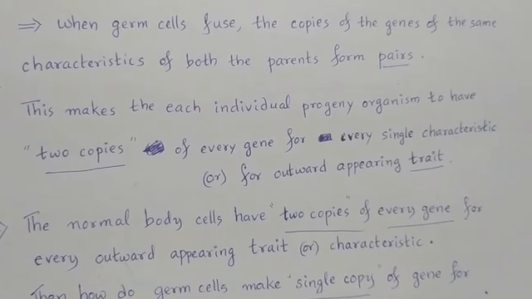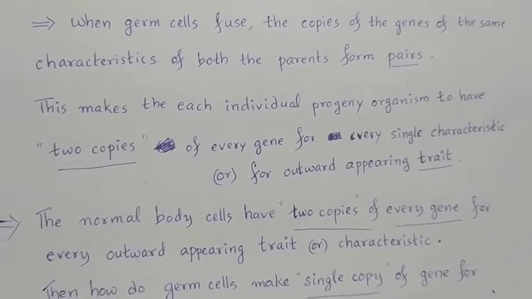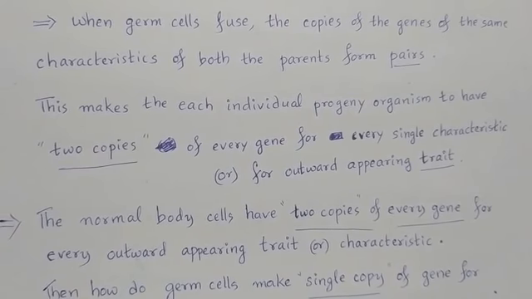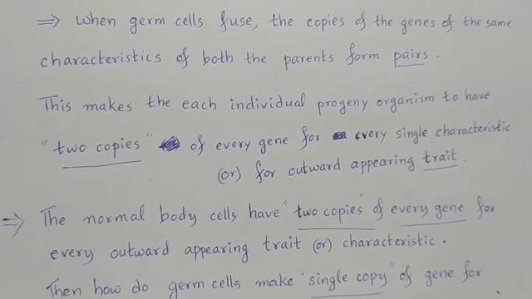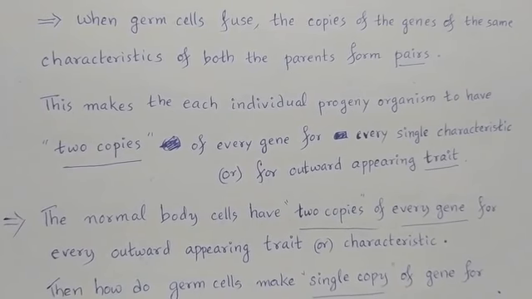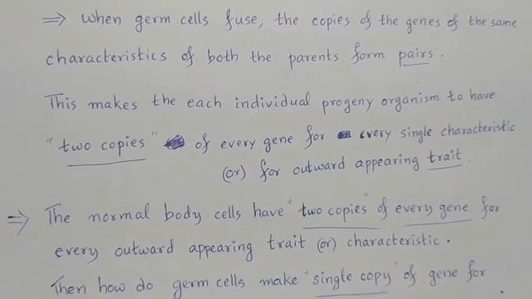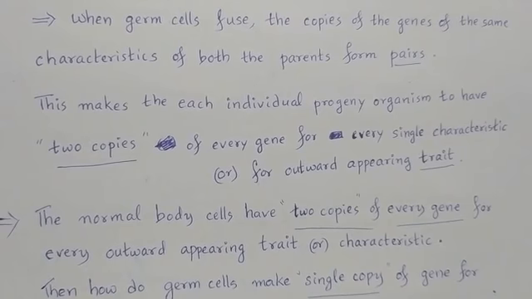For example, one capital T has come from one parental plant through its gametes, and a small t copy has come from another parent through its gametes. Both these gametes fused.